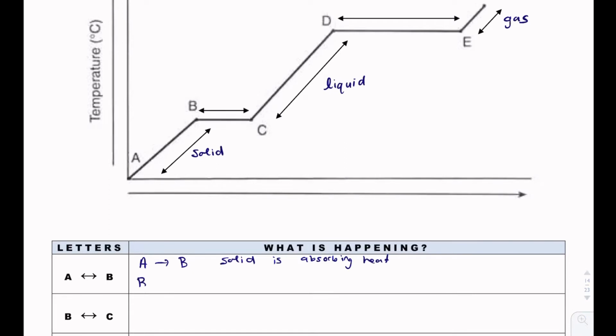If we're going from B to A, notice how we have double-headed arrows, so we can go up or down the curve. Our solid is releasing heat. And here the temp is changing.